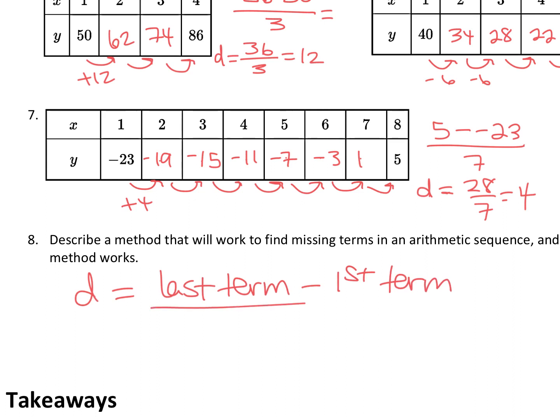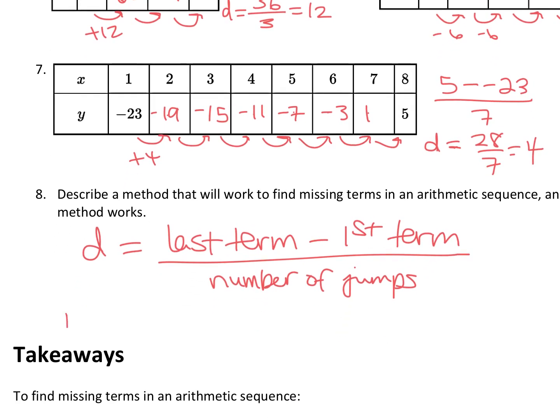And then we're going to divide that by the number of jumps. And how do we explain that this method works? Well, we tested it. Tested on 7 different problems, and every single time it worked.